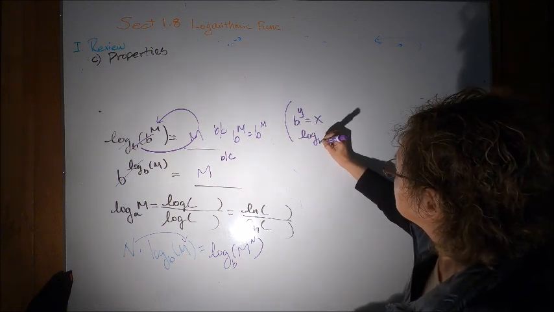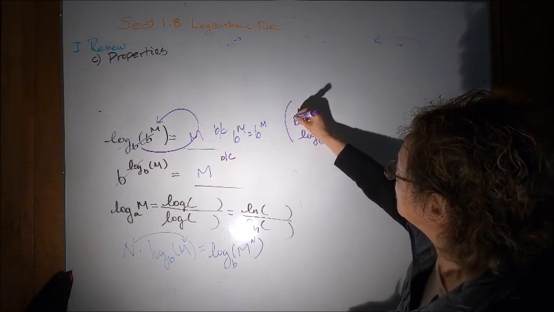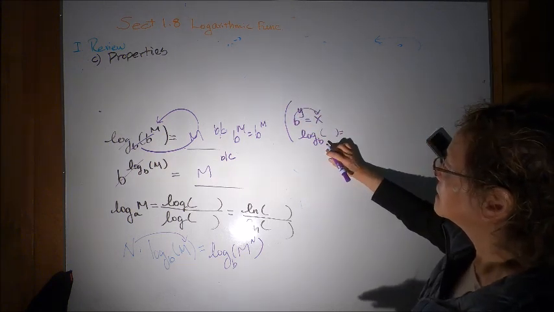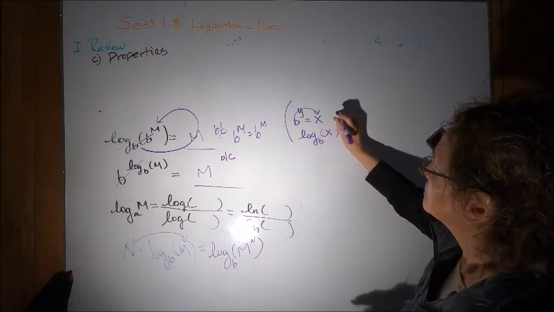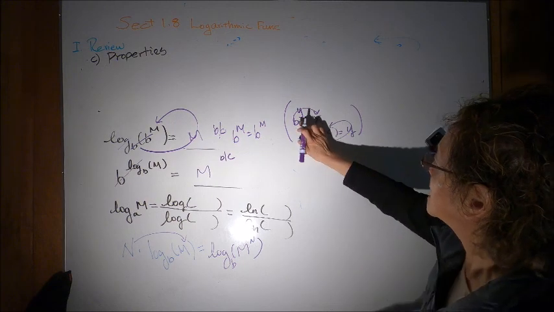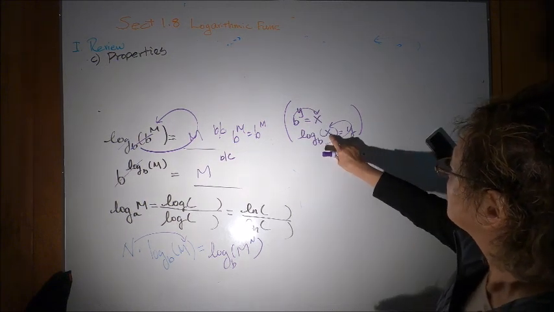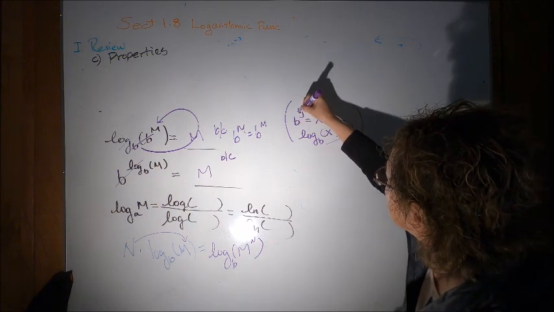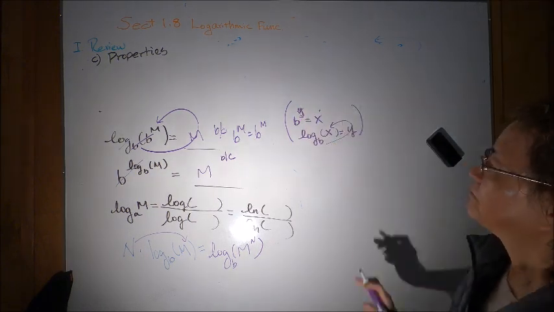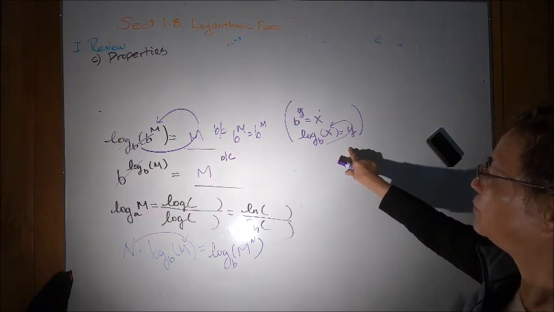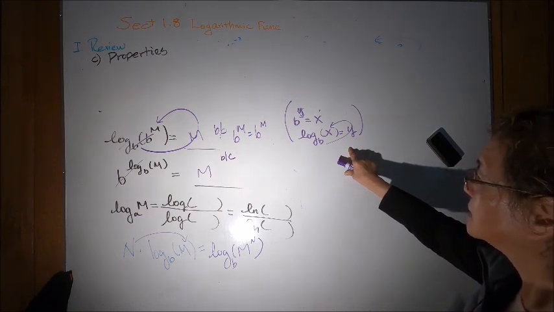Log base b, you hook to here, right? So which one do you put inside? The result, put it inside, y. So you do the hook. That's how we change the exponents to log form, right?